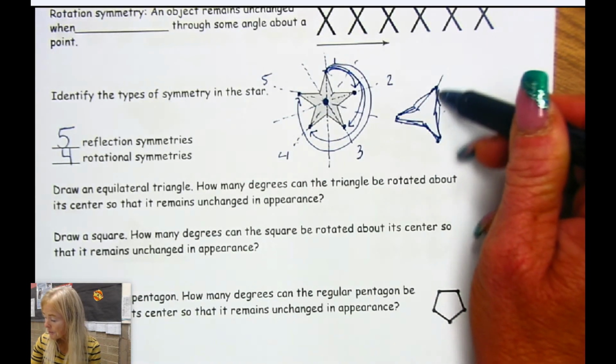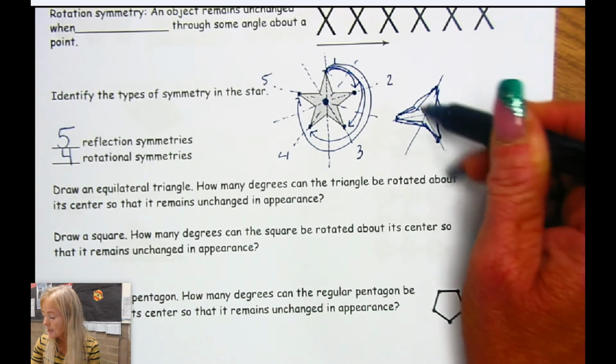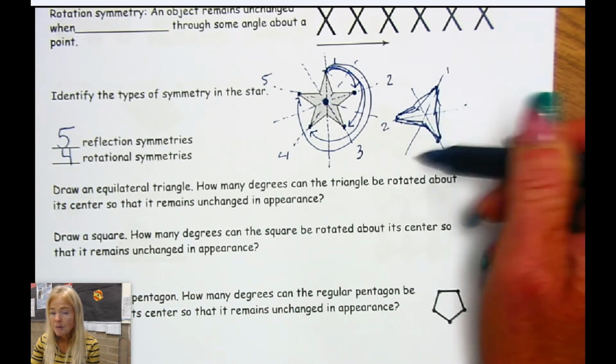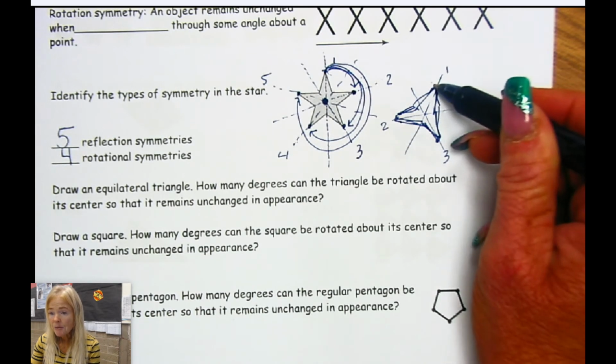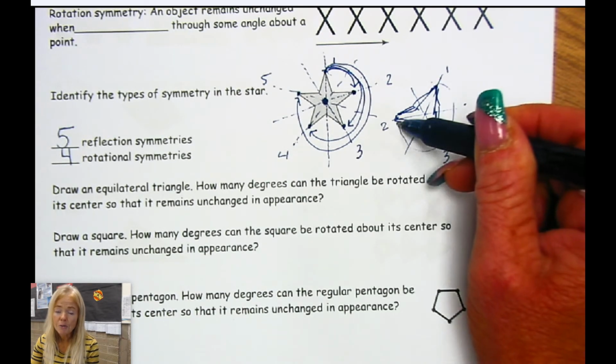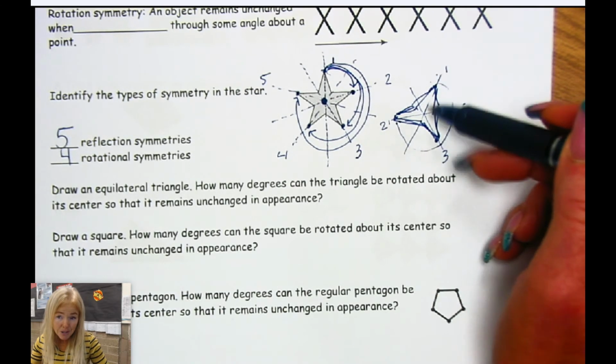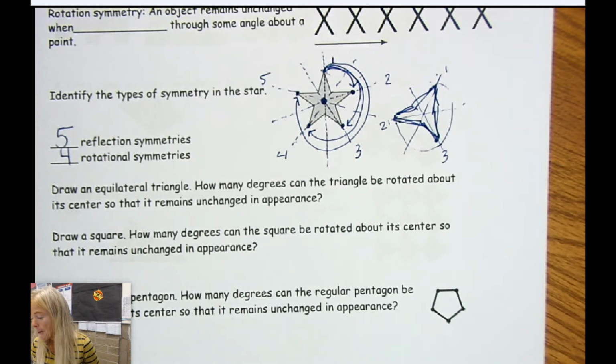So you would reflect through this line, and through this line. So that would be 1, 2, and 3. 3 reflection symmetries, and then you rotate once and then twice, 2 rotational symmetries. Note that the third rotation would be a 360-degree rotation, which wouldn't work. That's how we deal with symmetries.